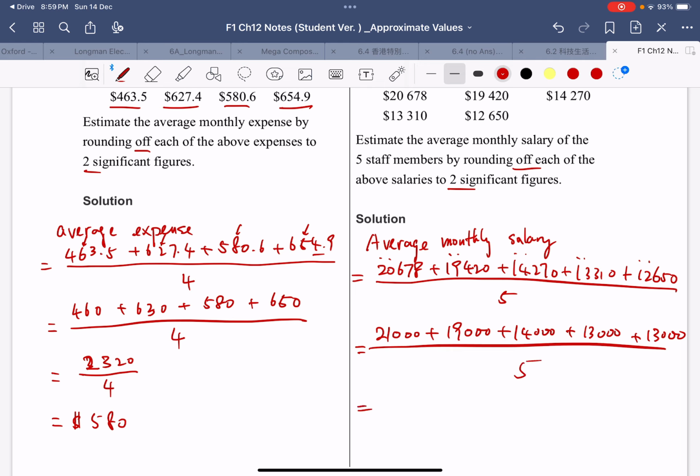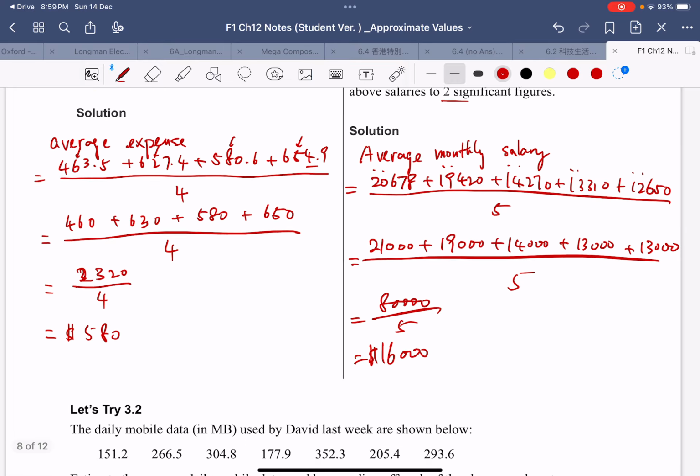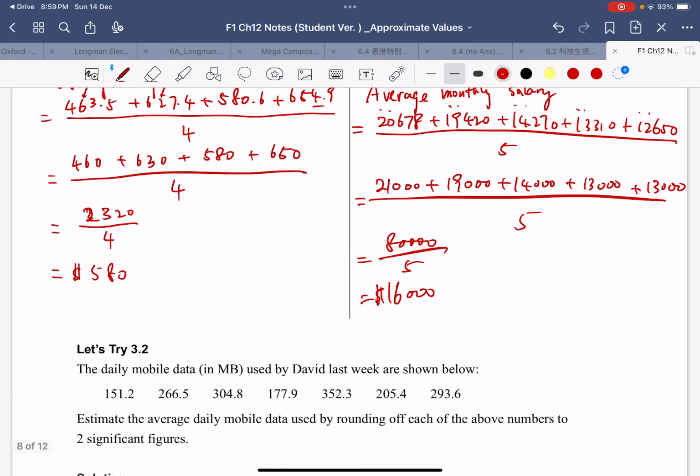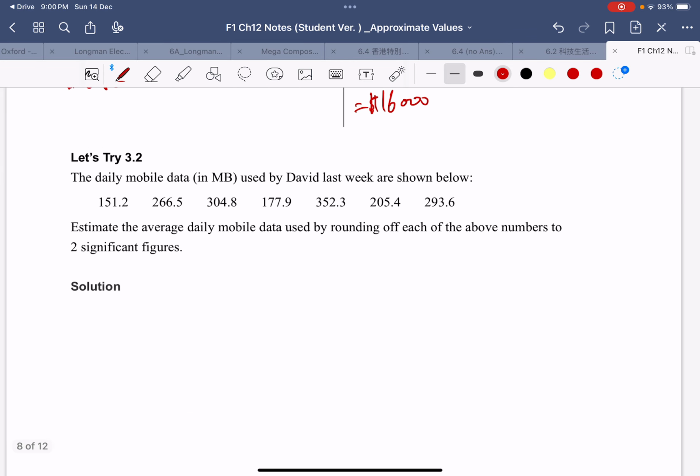Okay, right, and then it is like this. It costs you some time still to calculate the numbers after estimation, right?